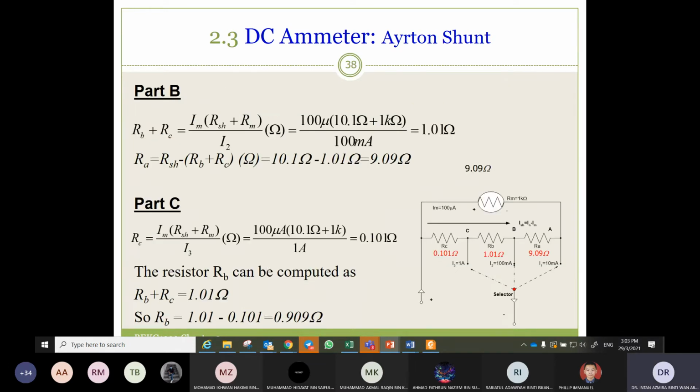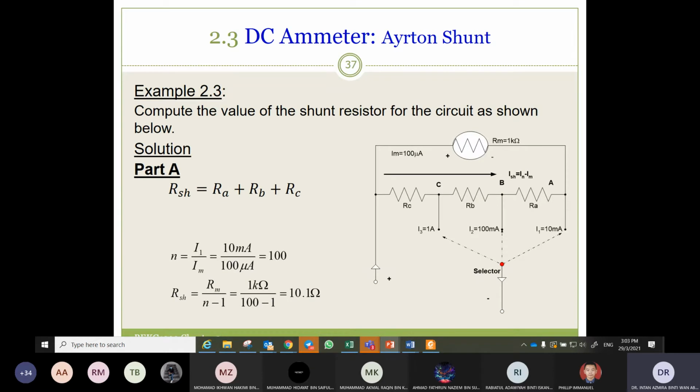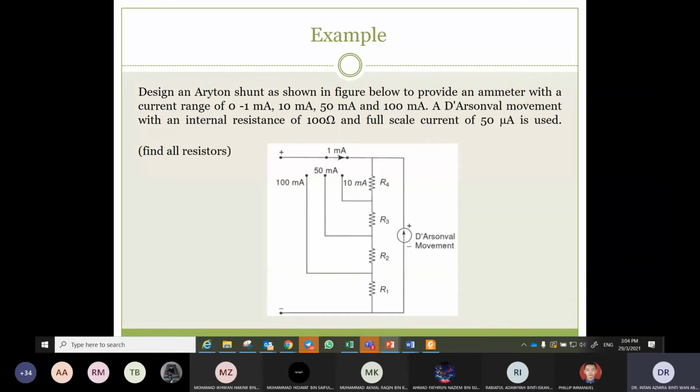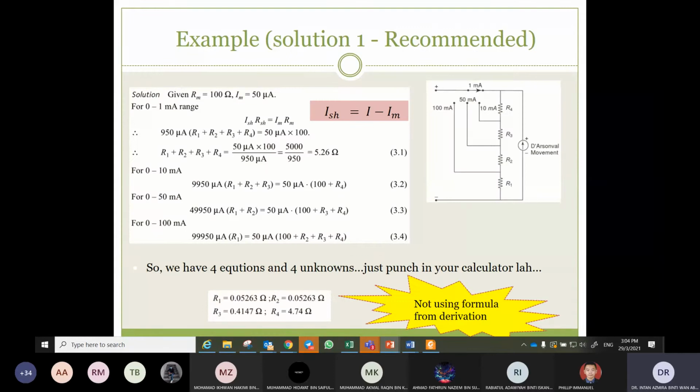In this example, we solve for the shunt resistors by using a formula. The formula is derived from the derivation that I showed you previously, so I'm not interested in that. Better to use this solution. This is solution 1 that is recommended.